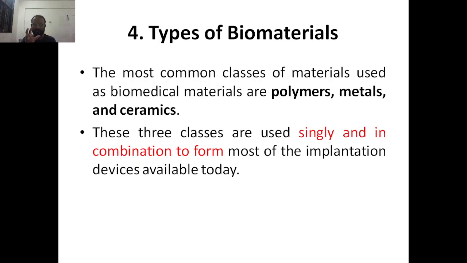So muscles are already fractured. I need scaffolds, which most of the time will be polymers. To give support to the broken bones, I need metals or ceramics. So here I can use both polymers and ceramics.